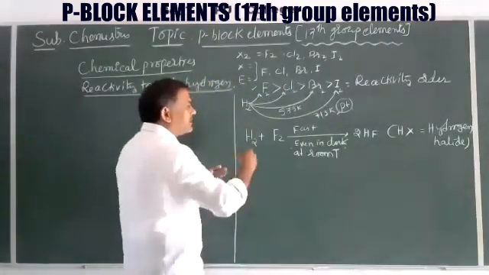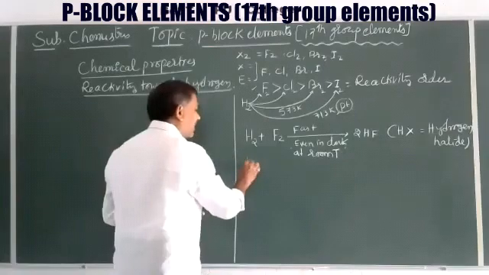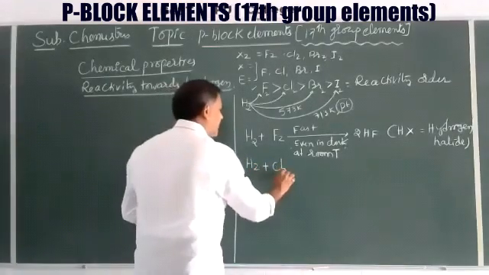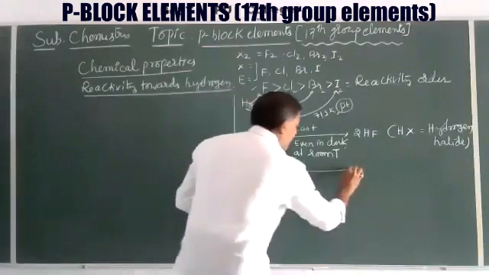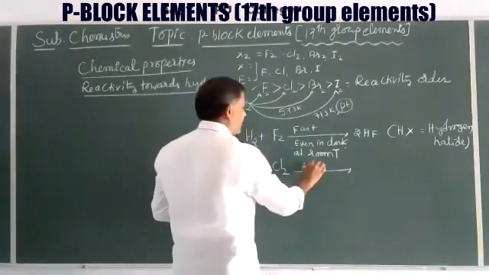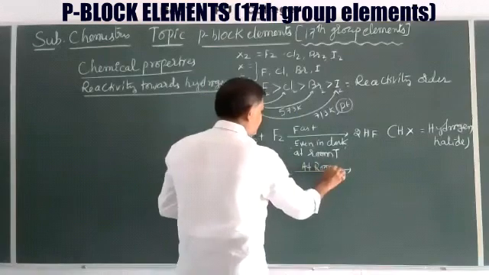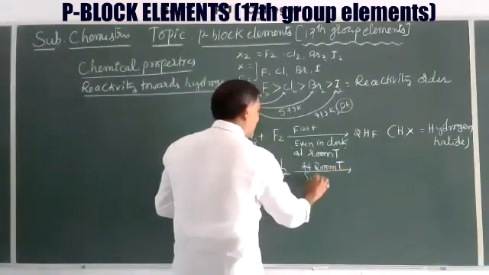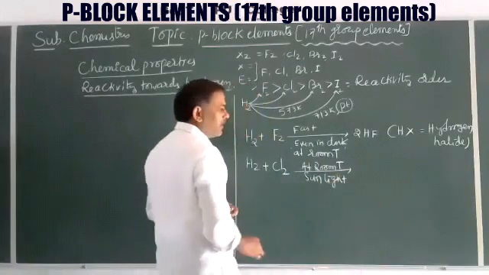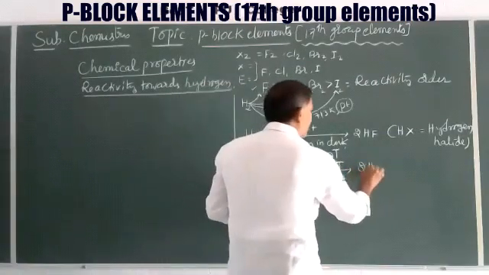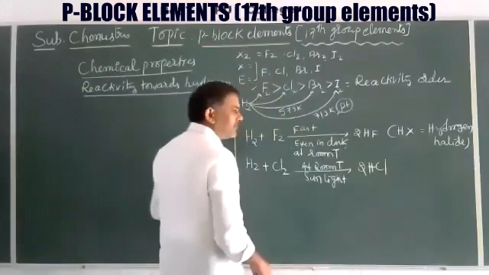Then its reactivity slowly decreases. That's why for hydrogen plus Cl2, reactivity decreases down the group. It takes place at room temperature, but sunlight is required. Sunlight gives 2HCl, hydrochloric acid.